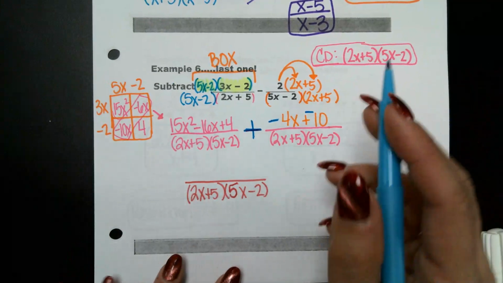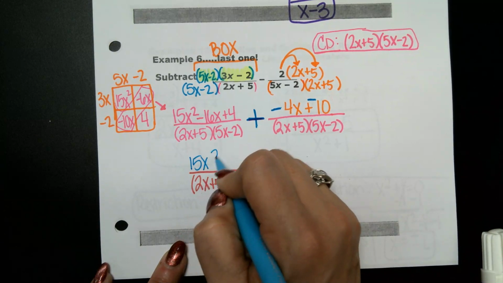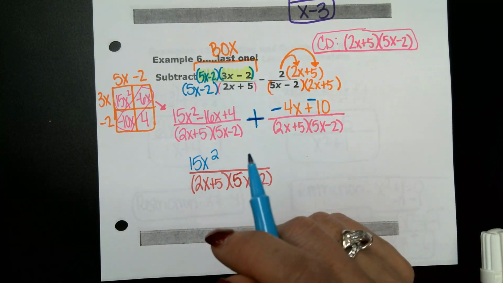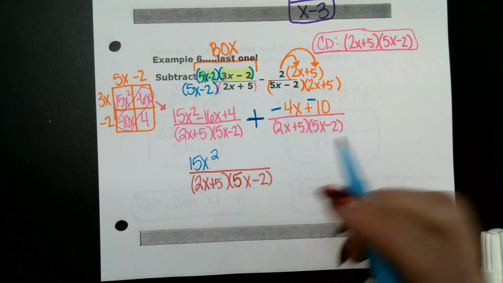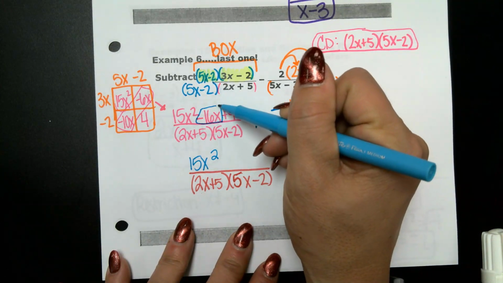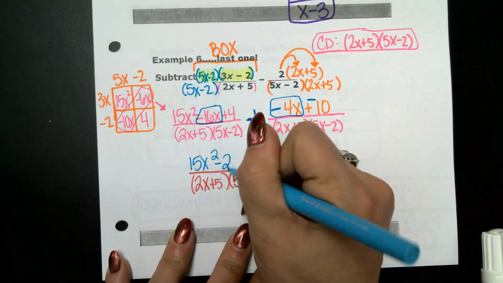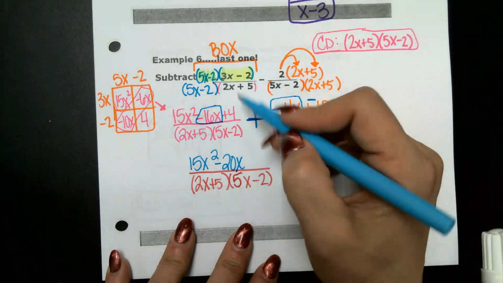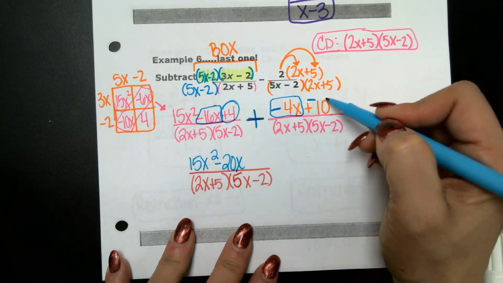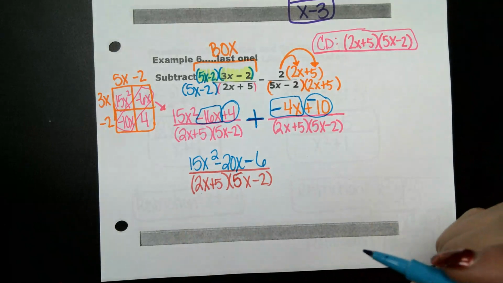Does that 15x squared have anything to pair up with? No. Nope, that's by itself. Okay, then we have negative 16x with a negative 4x. Negative 20x, yep. And then positive 4 minus 10, negative 6.